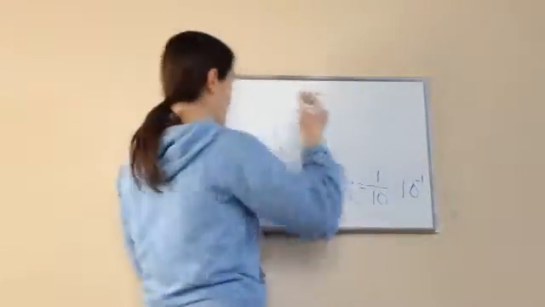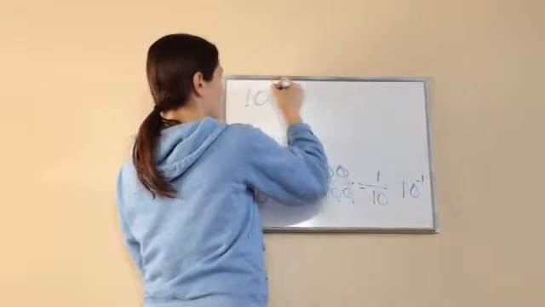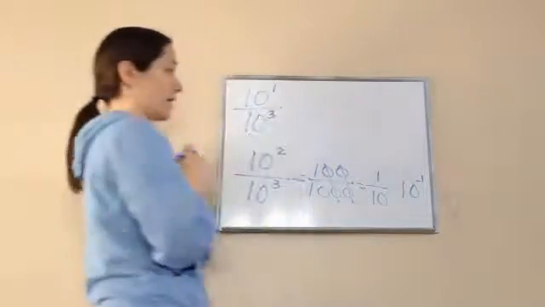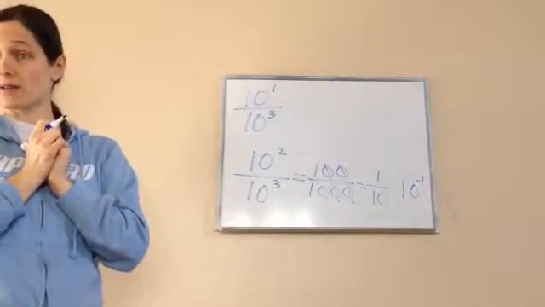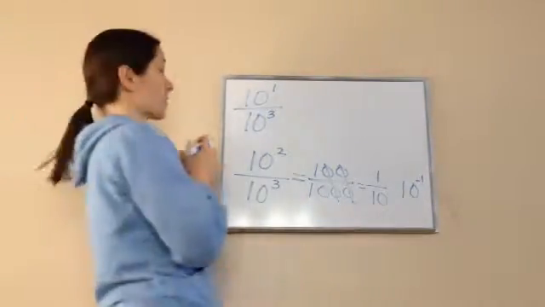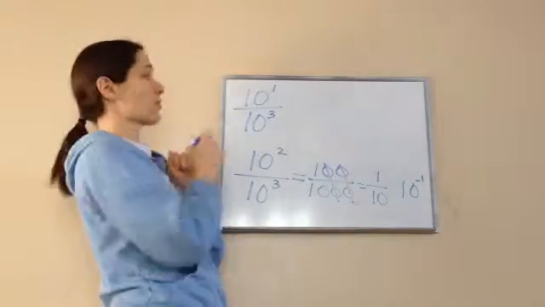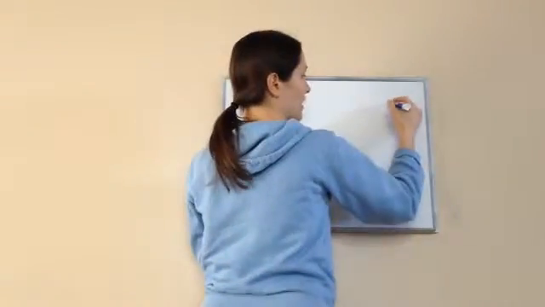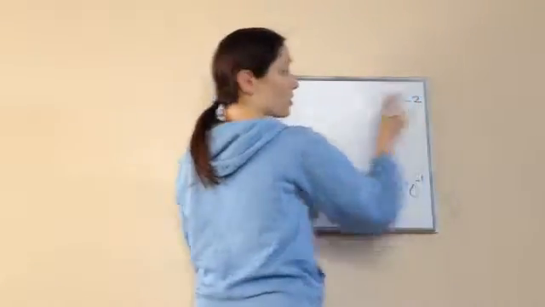This is hard for the brain, so if you're struggling, it's okay, you'll eventually get it as we keep working. Okay, let's do it the normal way. What would the answer be? 10 over 1,000. No, tell me 1 minus 3. Oh, that'd be -2. So I'm going to put the answer is 10 to the -2.